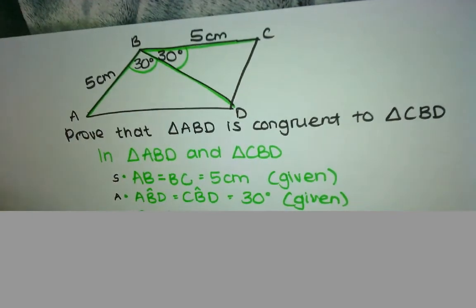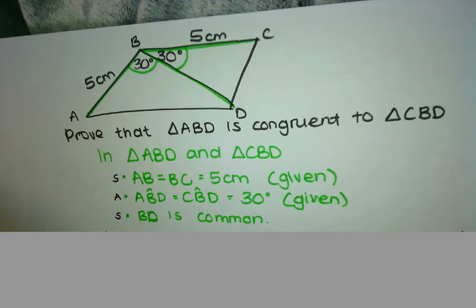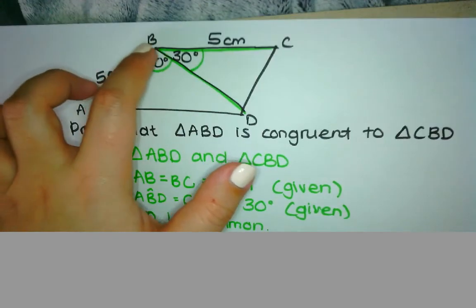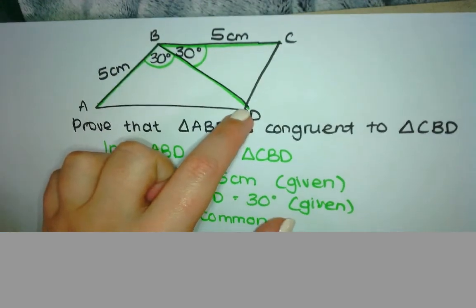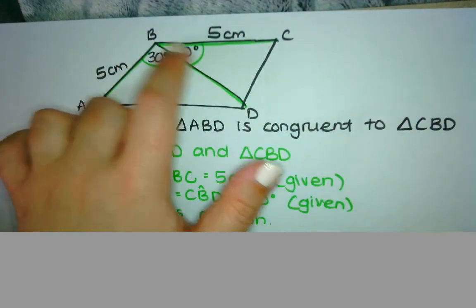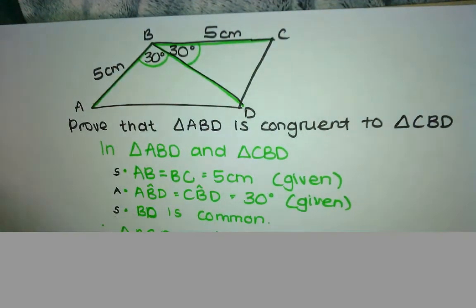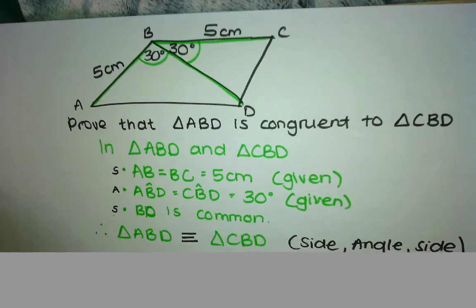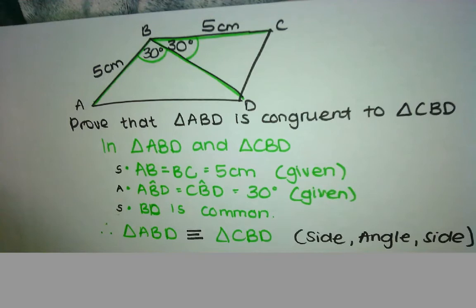So what we're going to write is BD is common. Now do you see we've got a side, then we've got an angle, and then we've got a side? Side, angle, side. So what will our reason be why they are similar? Side, angle, side. I mean not similar, congruent.